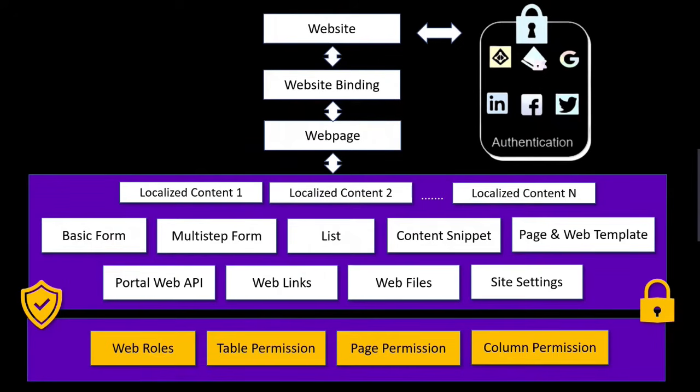So once you come to the website, you hit the URL, you see the portal, and the first security comes into the picture when you log into the portal. So that is the authentication. You have to prove your identity, whether you are an authenticated user or not, regardless of any kind of identity provider you are using.